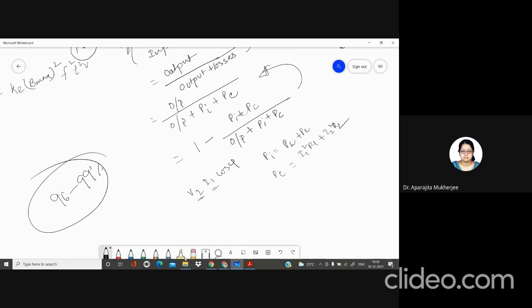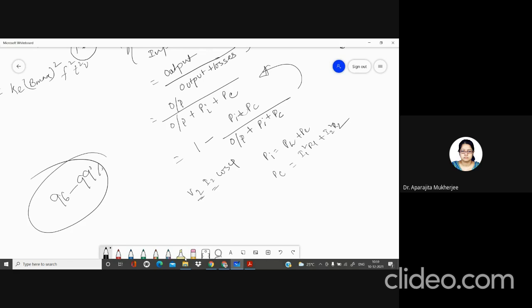If the question comes like this, that the efficiency of a single phase transformer is 30 to 40%, 50 to 60%, 70 to 80%, 90 to 96% or 95 to 99%, you have to choose the correct answer correspondingly.